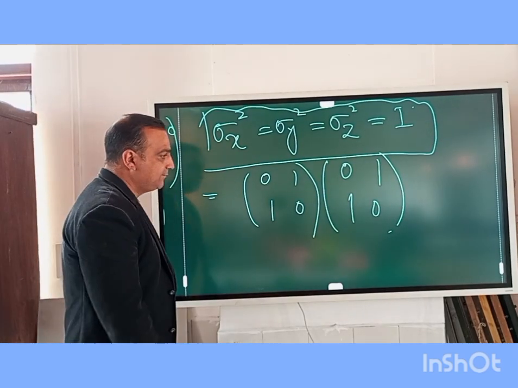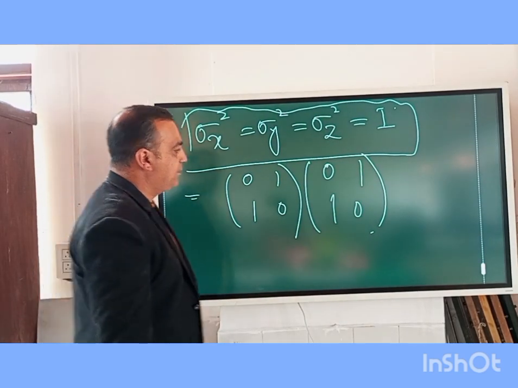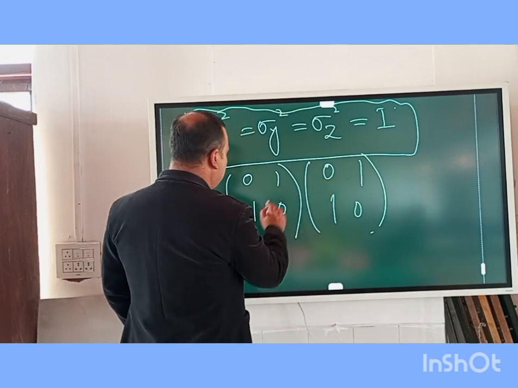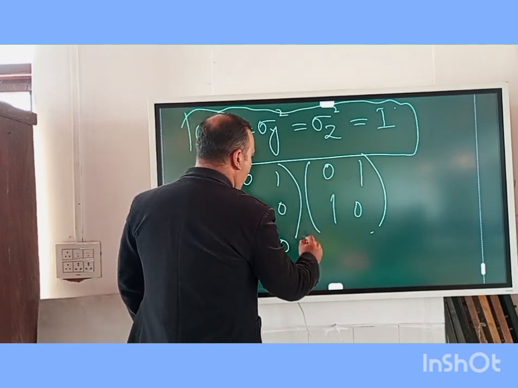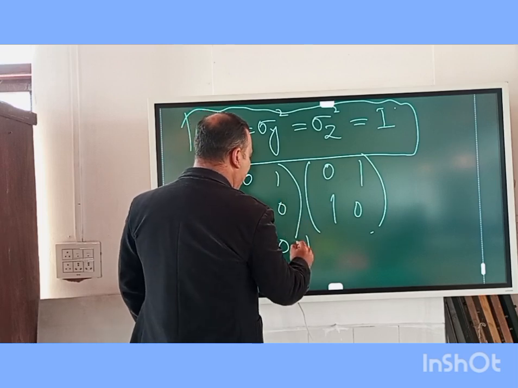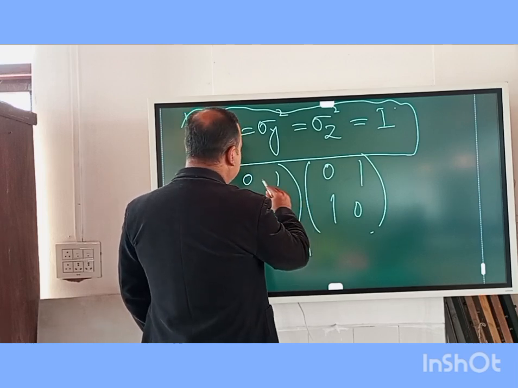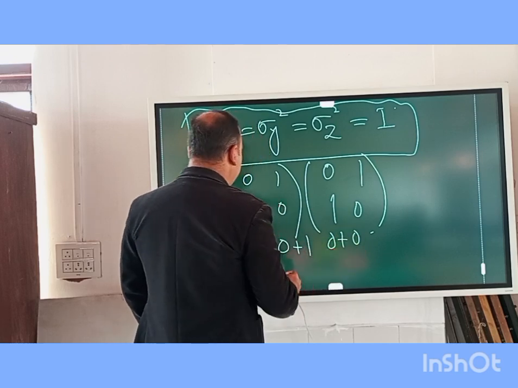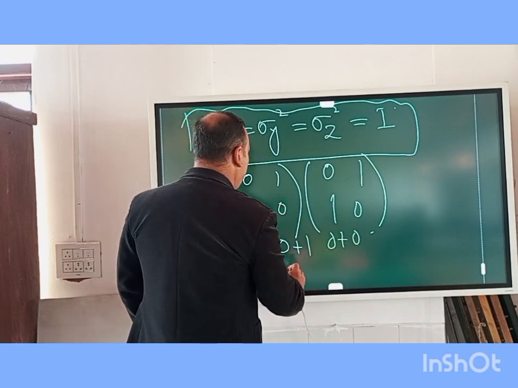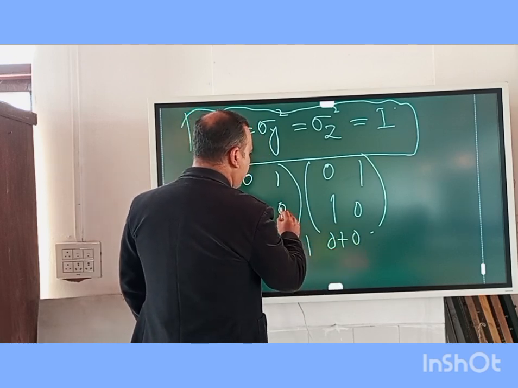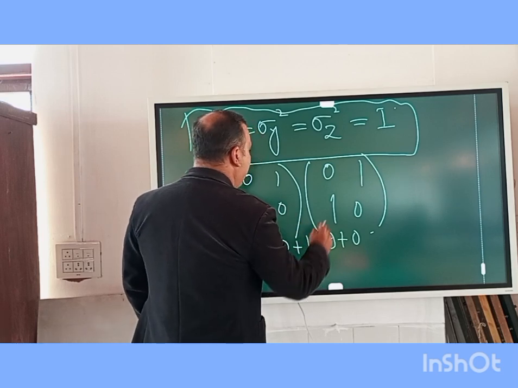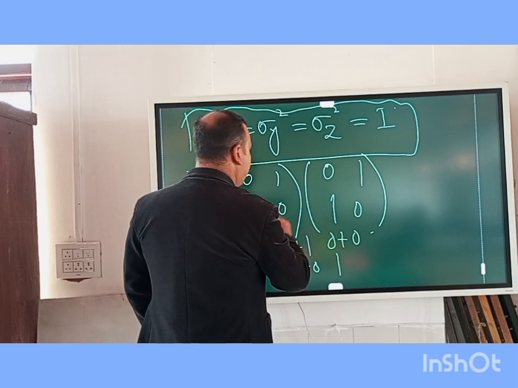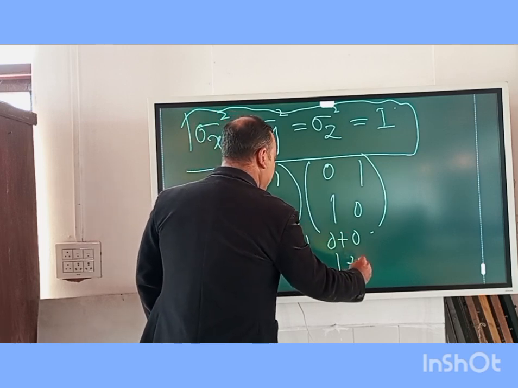So if you go this way, this is 0 plus 1, and then this is 0 plus 0, and this will give me 0 plus 0, and this will give me 1 plus 0.